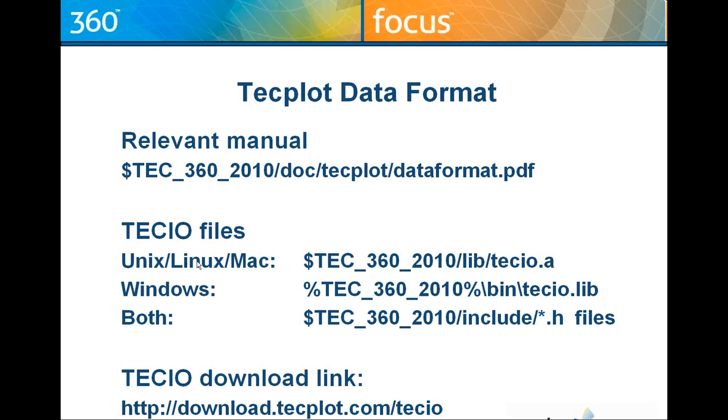You can find it on Linux, Unix, Mac, and so on. In the lib directory, it's called TecIO.a, and on Windows you have the bin TecIO lib, and for both platforms you have the header files in the include directory. For those who would like to download the TecIO again, you see the link below at downloadtecplot.com.